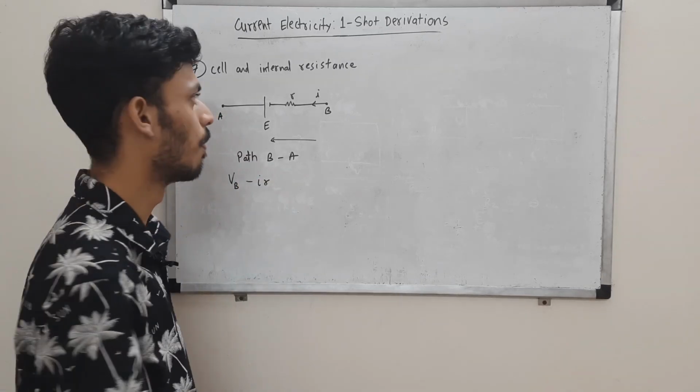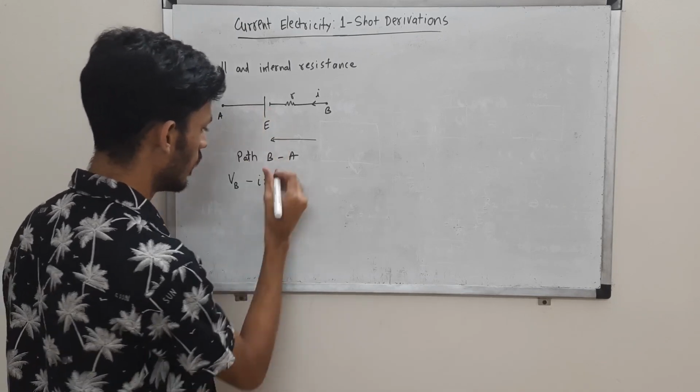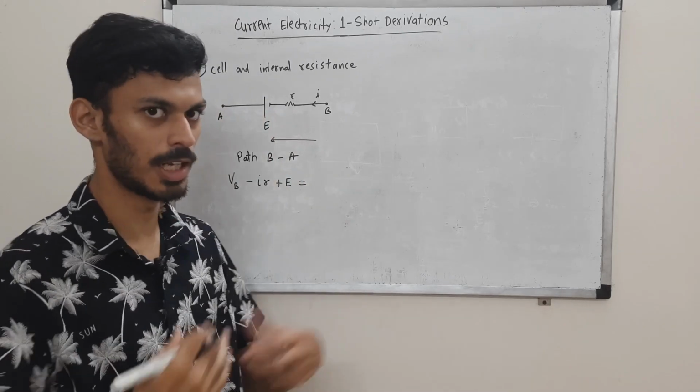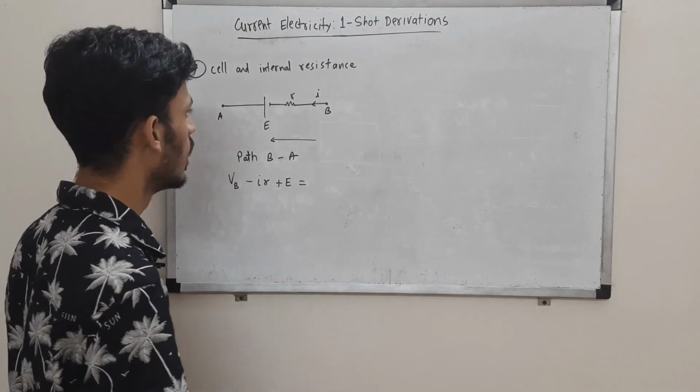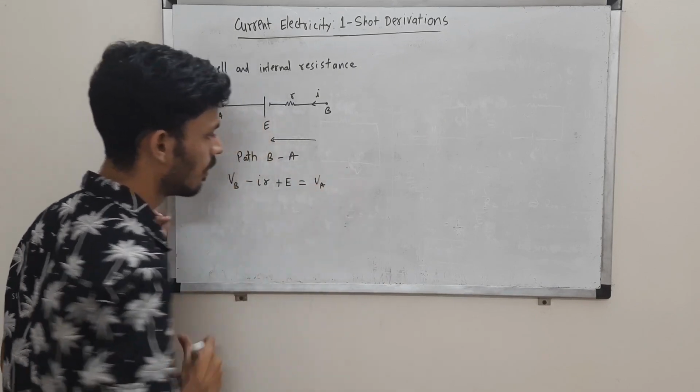Now moving from negative to positive when you come to E, that is plus, a gain: lower potential to higher potential. Finally you will come to VA, so this will equal VA.